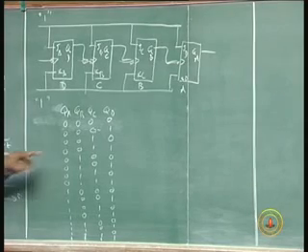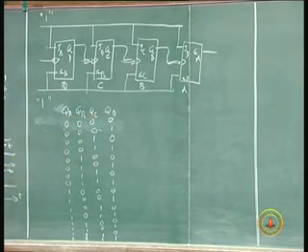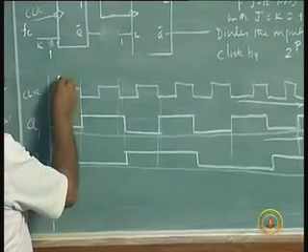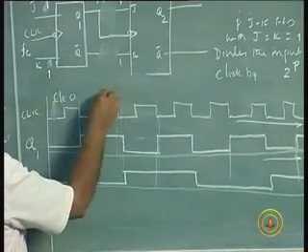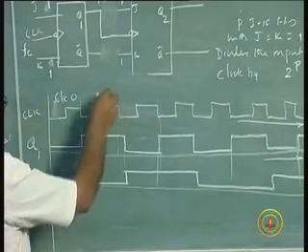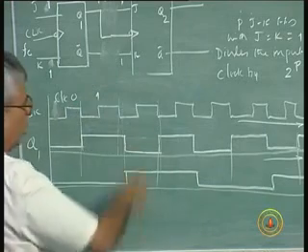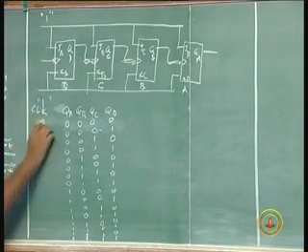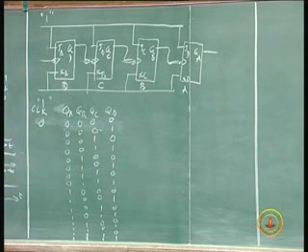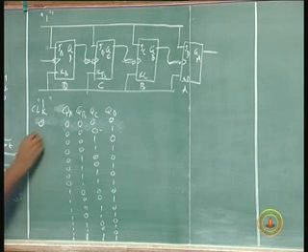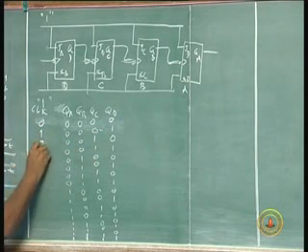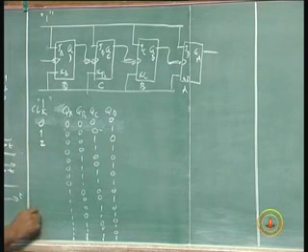Starting from clock period 0, all the outputs are 0. During clock period 1, during clock period 2, and so on up to clock period 15.